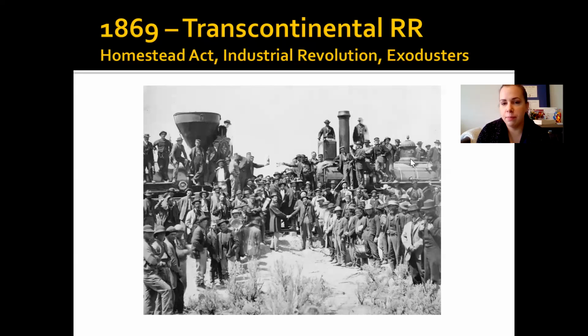This is also taking place during the Industrial Revolution. The Industrial Revolution is this new time of American ingenuity where you have new inventions coming about that makes either travel west more possible, and it makes it more profitable.